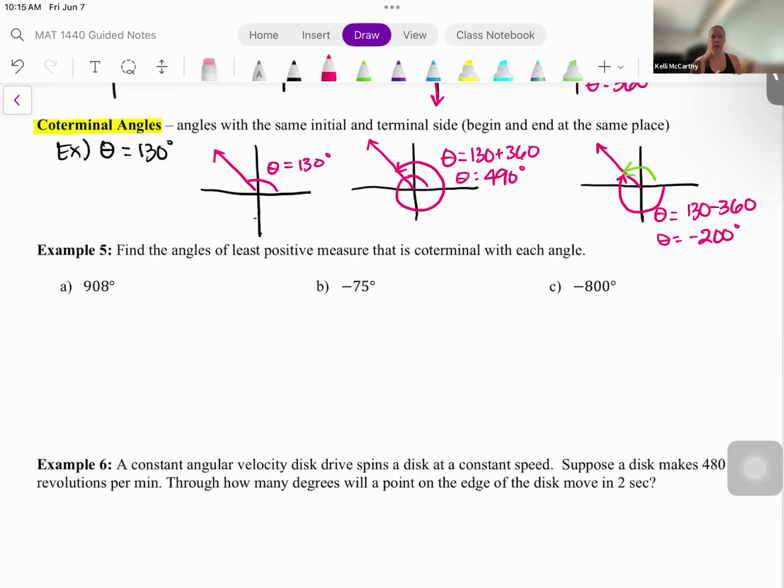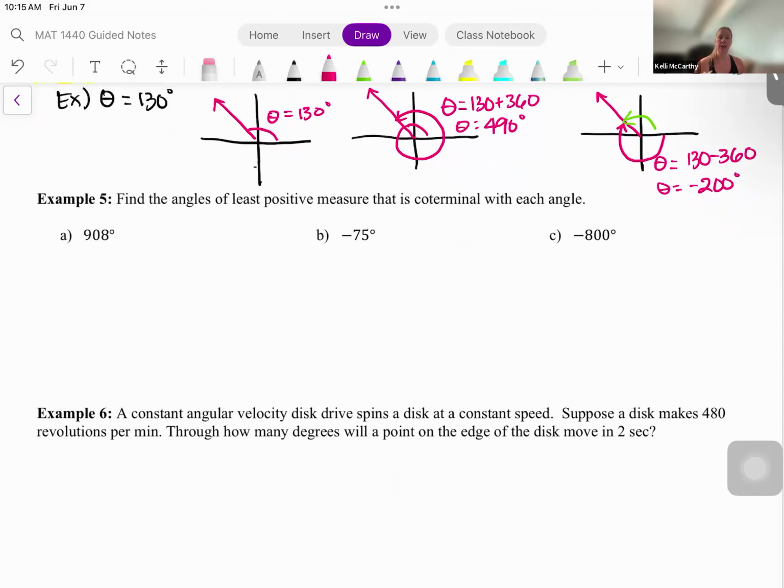In this next example, we're going to practice determining coterminal angles, but we're going to add some restrictions. We want the angle of least positive measure. So we want it to be positive, the lowest value that is coterminal with each angle. That way, we're all landing at the same answer rather than giving any possible coterminal angle. So for 908 degrees, because it's greater than 360, we're going to start subtracting 360 degrees.